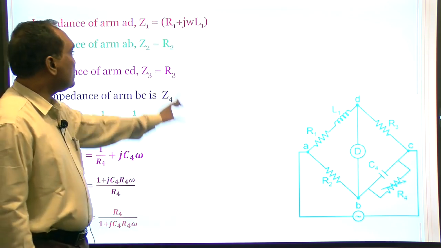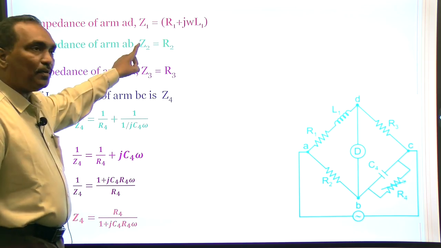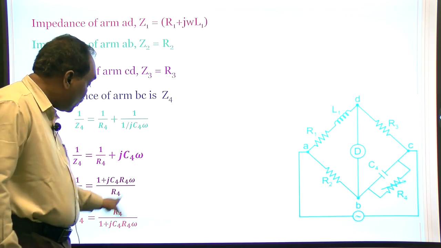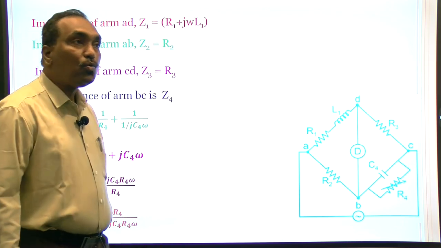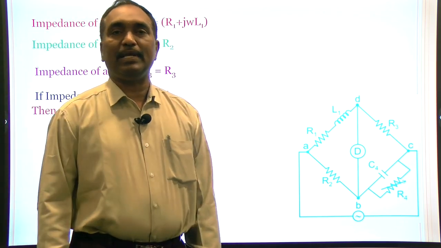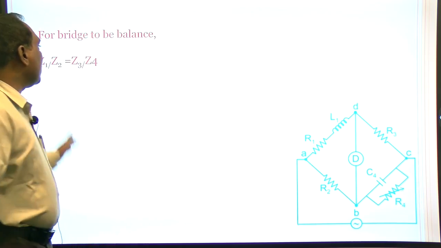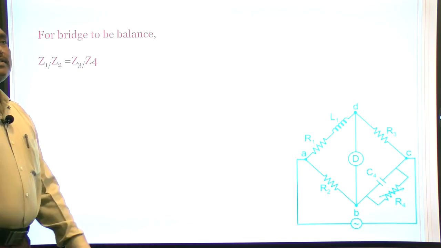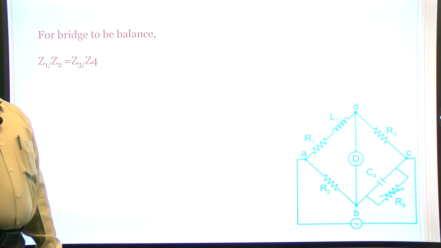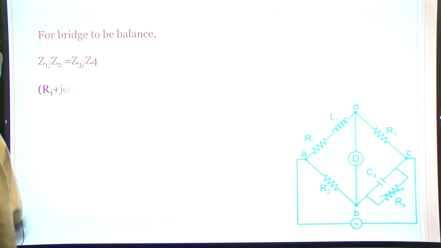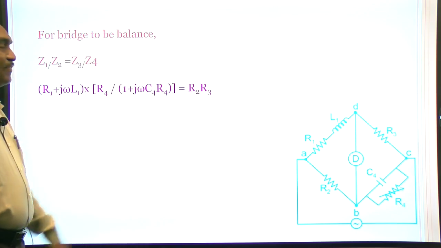So, we have Z1, Z2, Z3, and Z4. Now, we can apply these four impedances in the Wheatstone bridge principle. That is, Z1 by Z2 is equal to Z3 by Z4 at the balancing position, or Z1 Z4 is equal to Z2 Z3.